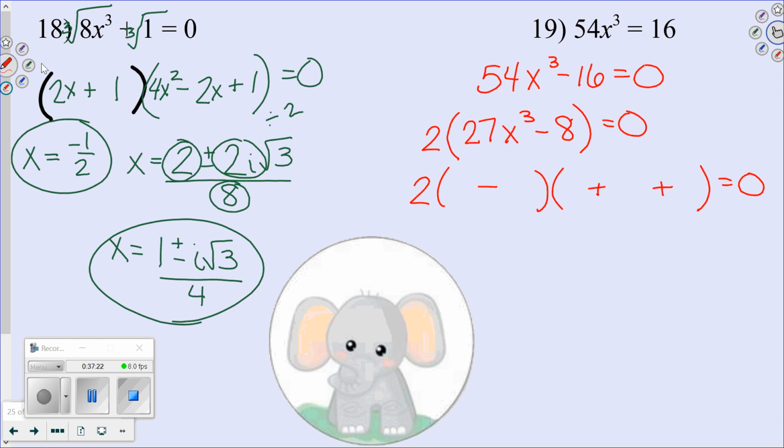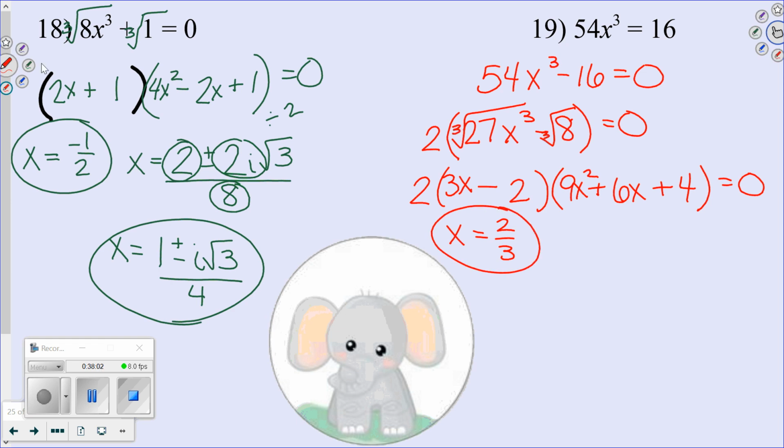What is the cubed root of 27x cubed? It's 3x. Cubed root of 8 is 2. How do I get the next part? Square multiply square. So 3x squared is 9x squared. Multiply 3x times 2, 6x. And 2 squared is 4. Does baby brother give me an answer? Nope. What's this one give me? It's 2/3.